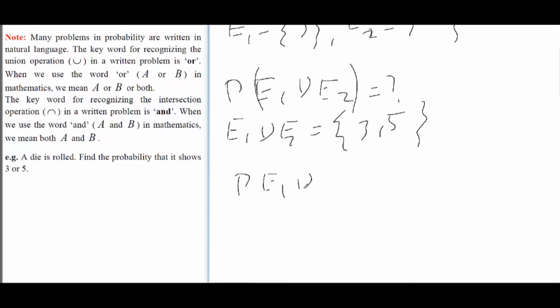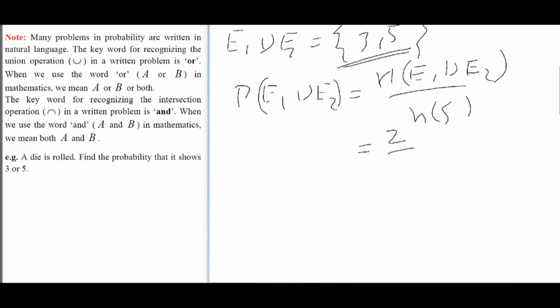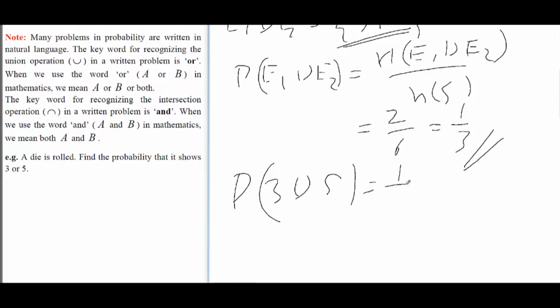The probability of event 1 union event 2 is the number of elements in event 1 union event 2 over the number of elements in the sample space. How many elements are there in E1 union E2? There are 2. And how many elements are there in the sample space? There are 6. So 2 over 6, which is 1 over 3. So the probability of 3 union 5 is equal to 1 over 3 for this problem.